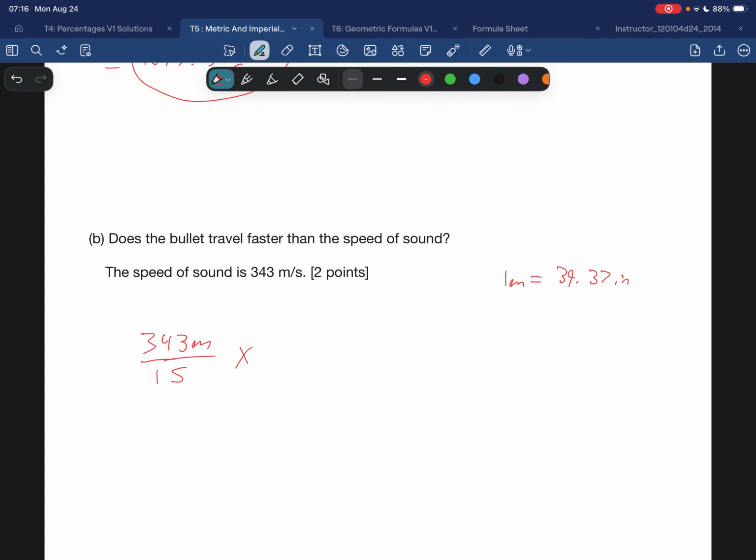So I'm going to take 39.37 inches over 1 meter here. Great, and then I know that there are 12 inches in a foot.